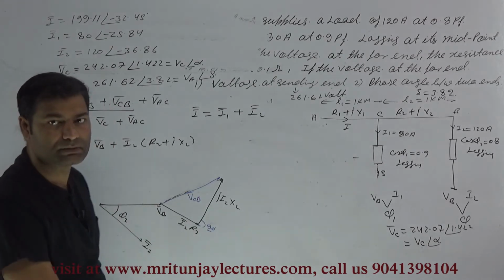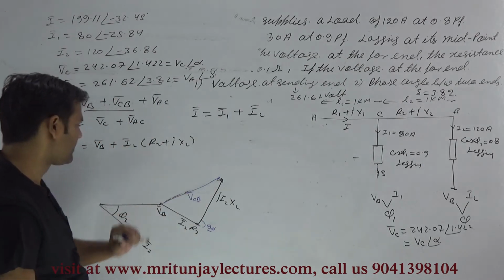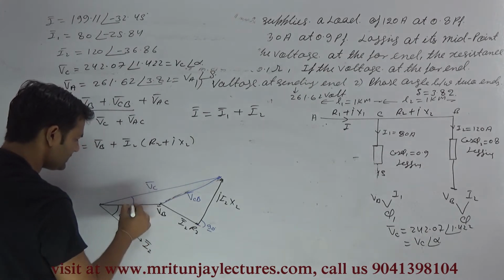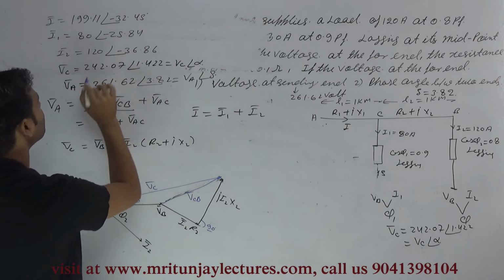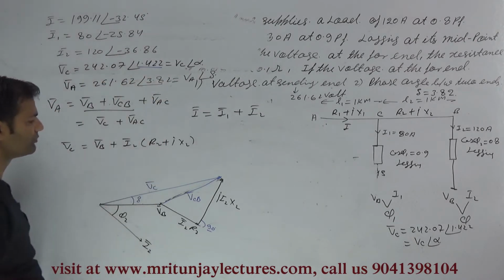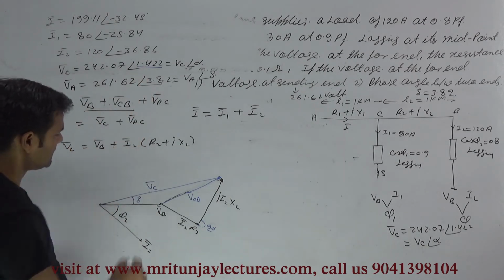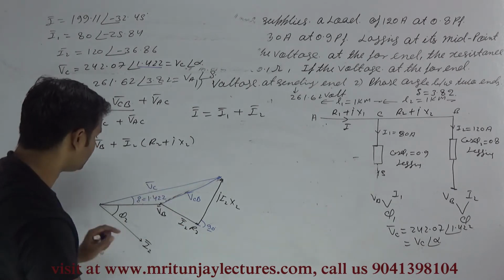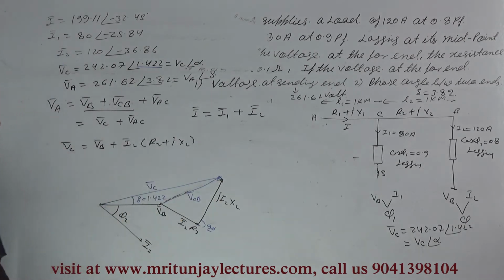Clear? This one is a 90 degree, that is VCB. Now this one represents VC, at angle alpha, and this alpha is 1.42. The angle between VB and VC is 1.42. Clear? Now the next target is to complete VC.